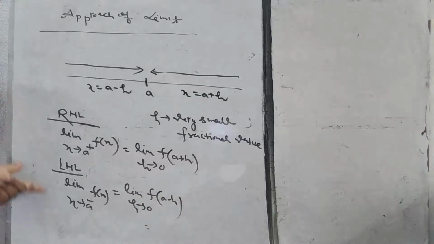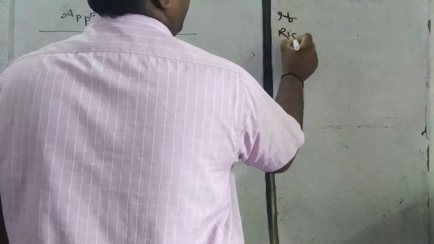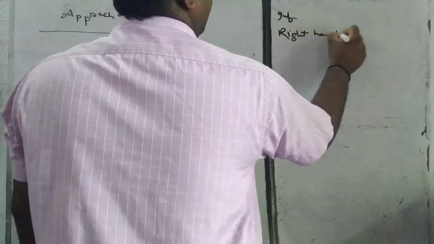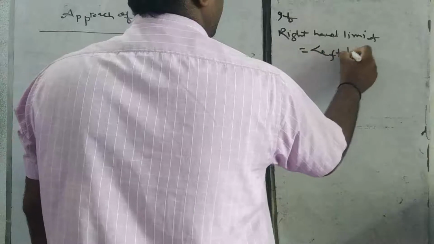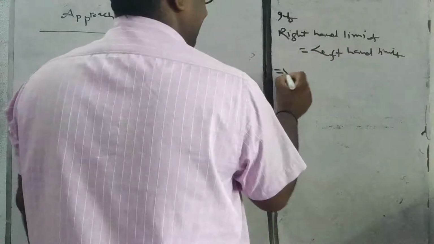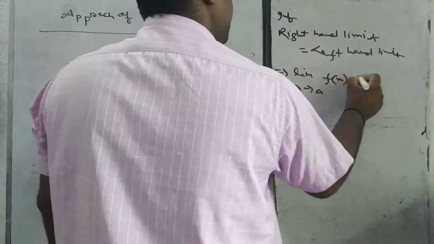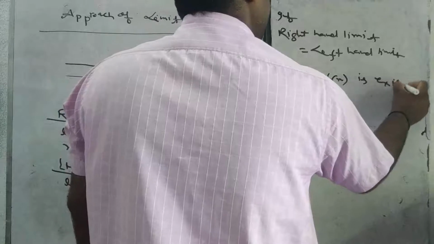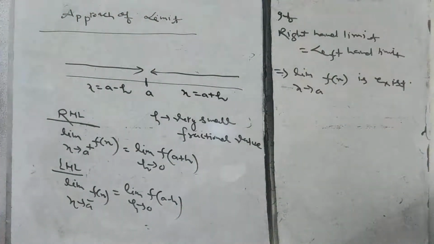This is the right hand limit evaluation, this is the left hand limit evaluation, and if the right hand limit is equal to the left hand limit, then we can say that limit x tends to a f(x) exists.